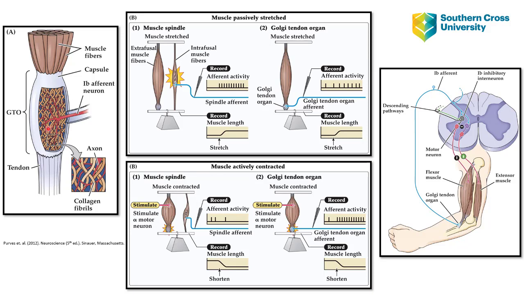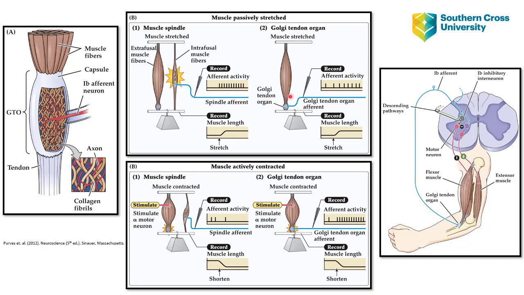Tension is brought about by contracting muscles. We contract a muscle, we then pull on the tendon. That creates tension. The Golgi-tendon organ then senses that tension. So when we are looking at our passively stretched muscle, for instance, what happens is we stretch, and the muscle spindle is going to fire off rapidly because we're stretching the muscle.